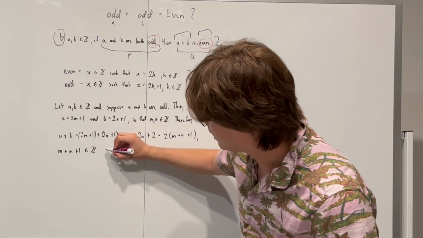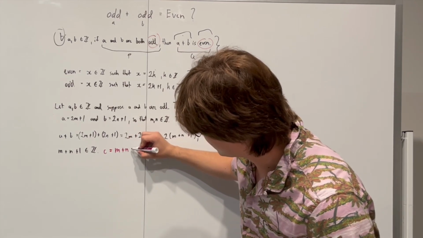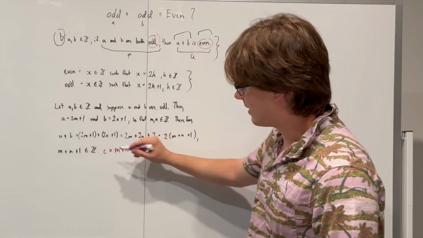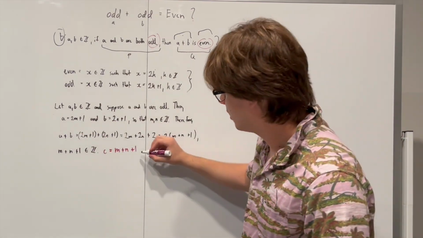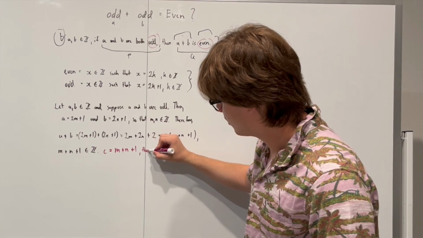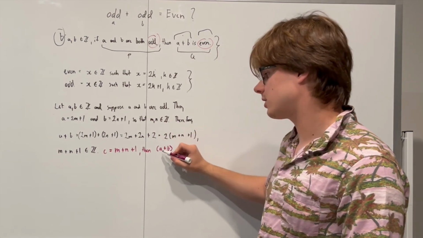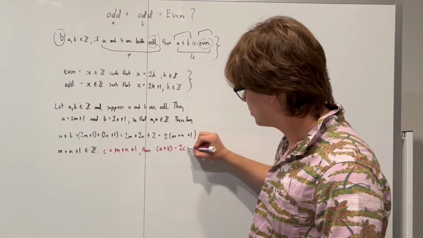So we can say c is equal to m plus n plus 1. And we can say then a plus b, I'll put a bracket around it so it looks like one variable, is equal to 2c.